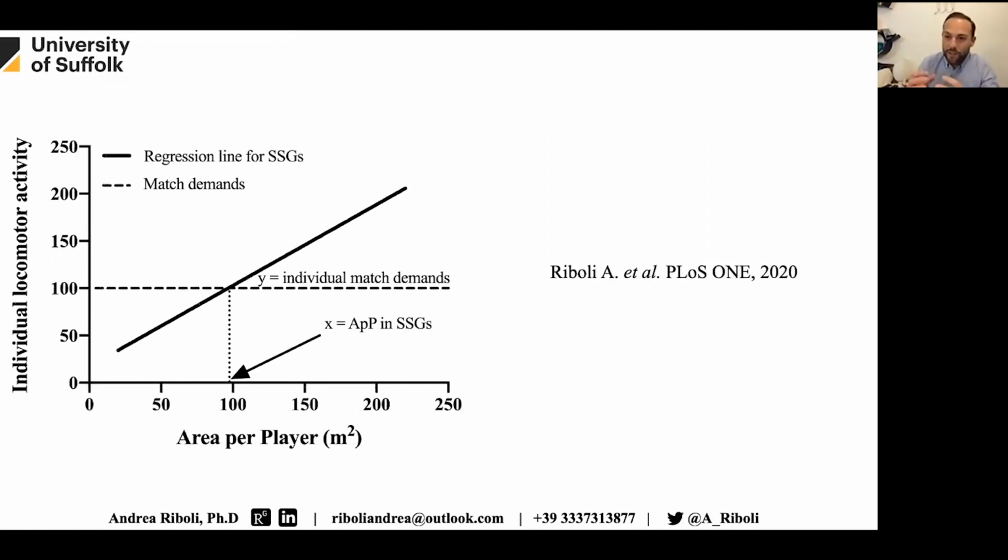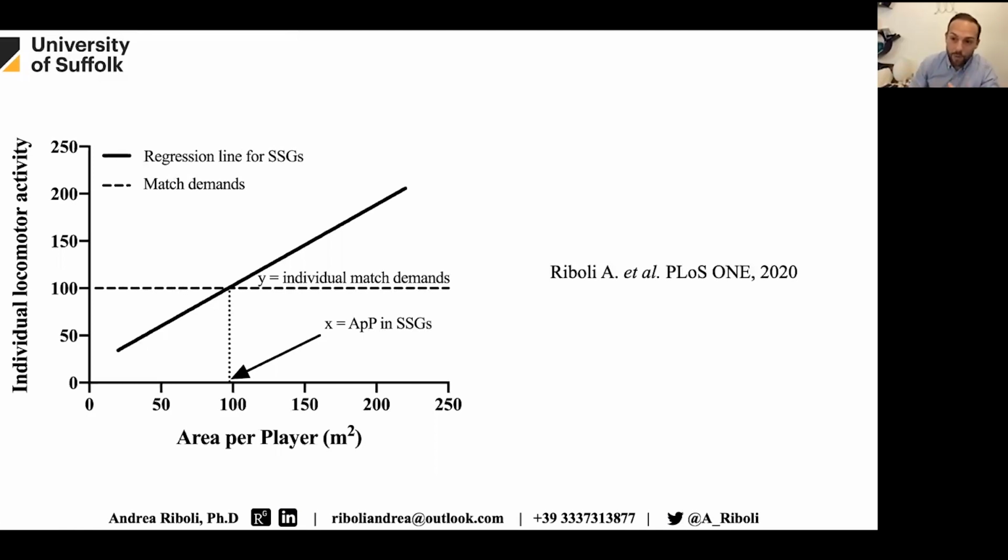So we decided to share practical information with our coaches. We tried to create a research project using a link between area per player and external load during different formats of small-sided games, trying to consider the relationship between pitch size and external load.